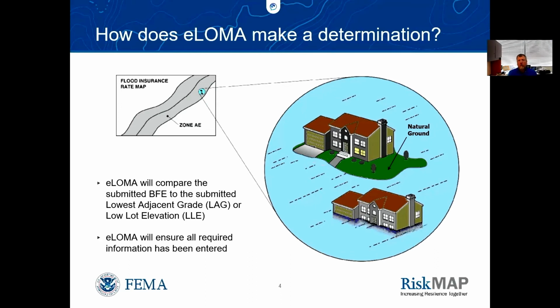And then based on the BFE that's entered, the tool will compare the two and make the determination whether or not the subject can be removed from the special flood hazard area. The eLOMA tool will also make sure that all the required information has been entered in its entirety and also in the format that FEMA needs it to be in.